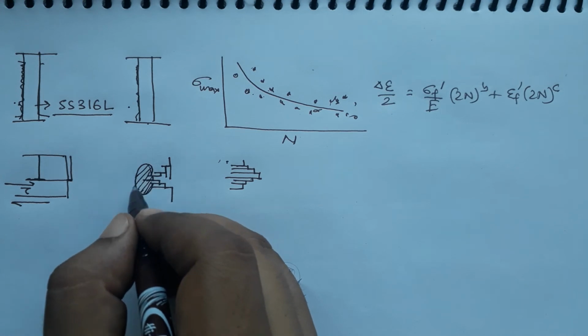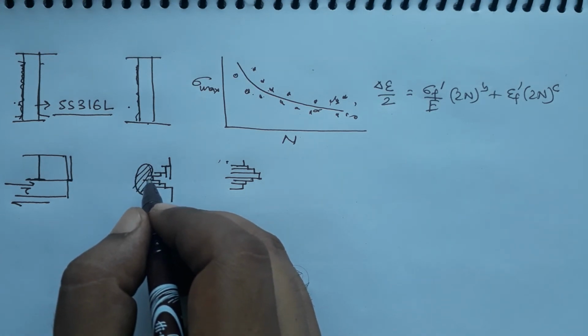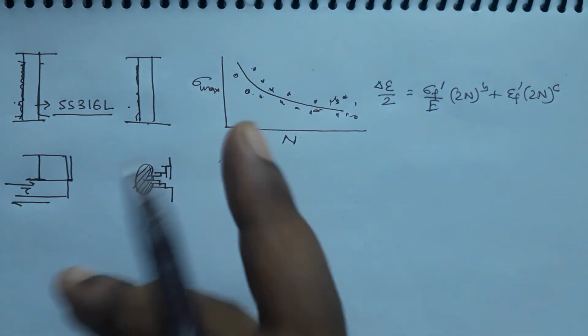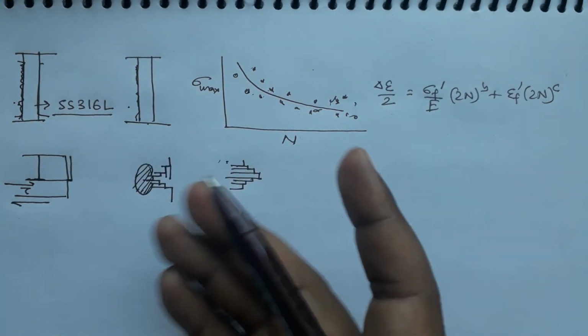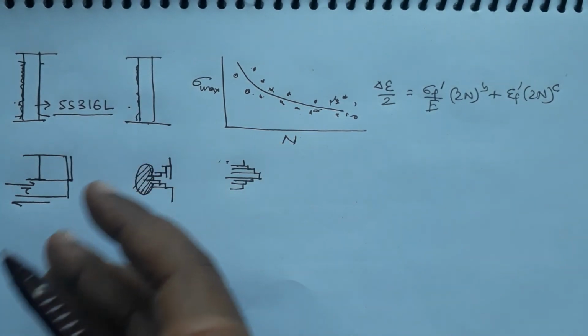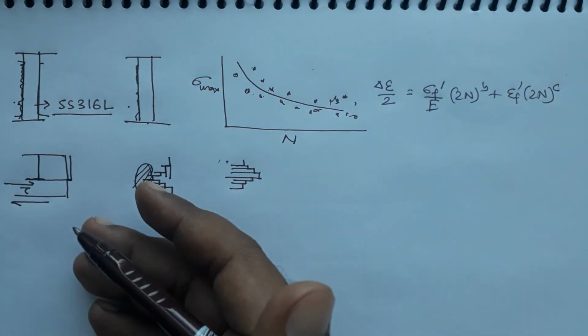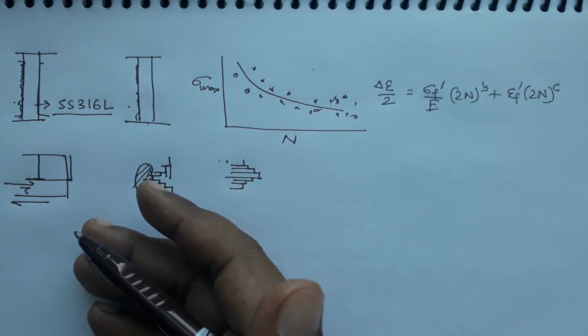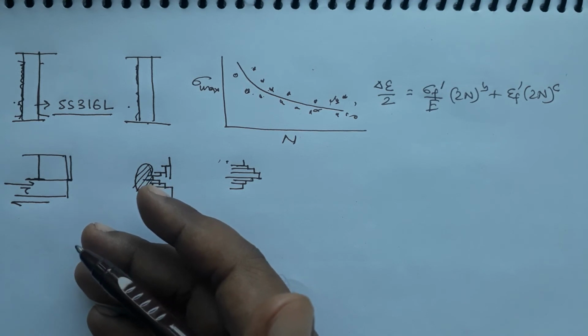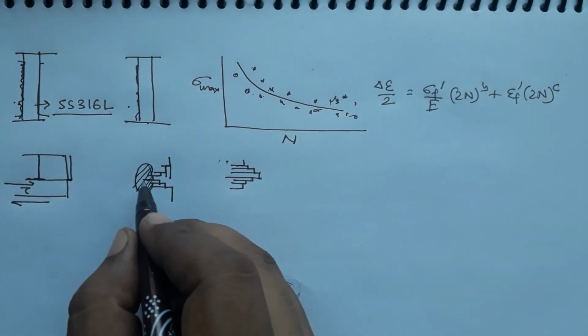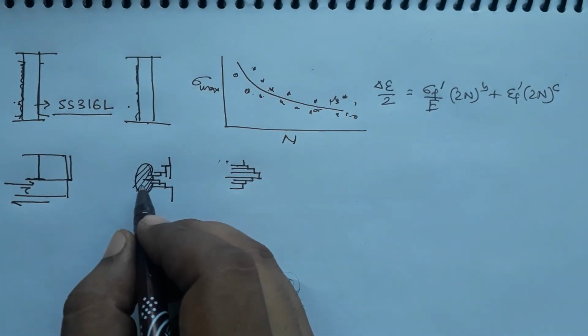There will be some plastic deformation, and then this plastic deformation will be accumulative. In each cycle this plastic deformation will get more and more deformation in it, and this results in an initiation of crack.